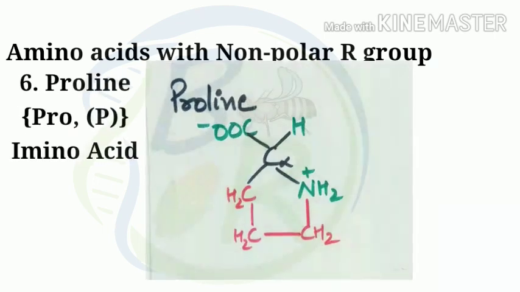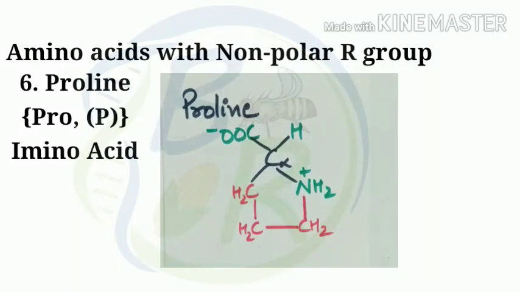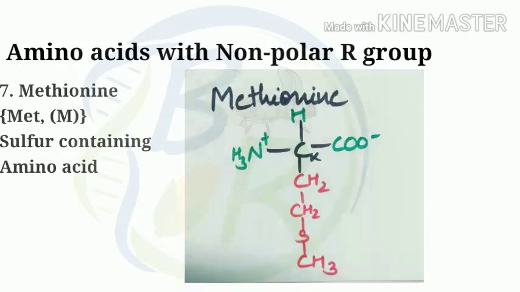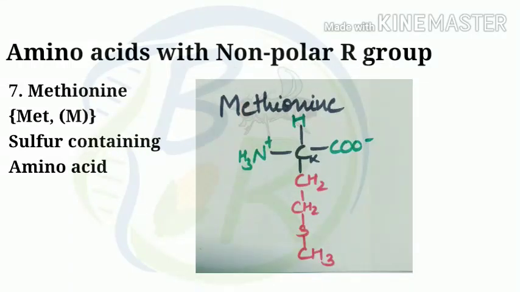Next is proline, which is actually not categorized as an amino acid but as an imino acid, because it lacks the free amino group. In proline, the amino group is involved in forming a ring structure with the carbon that is part of the R group, as you can see in the figure. That is why it is categorized as an imino acid, not as an amino acid. And the last one in this category is methionine.